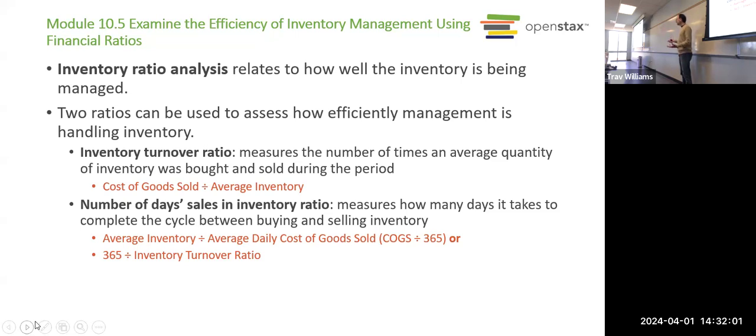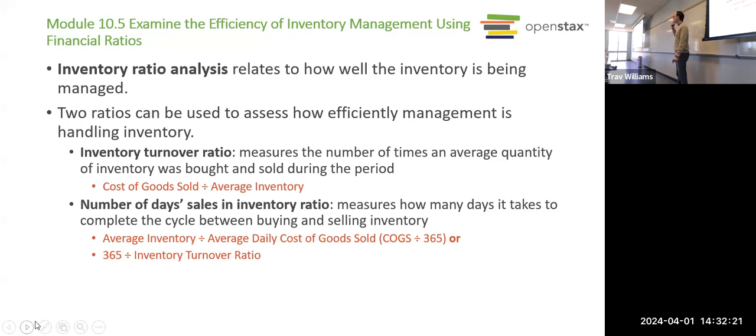To get that number, take your cost of goods sold and divide it by 365, because that's the number of days there are in a year. That is your average daily cost of goods sold. Divide that into average inventory, and you get your number of days sales in inventory.